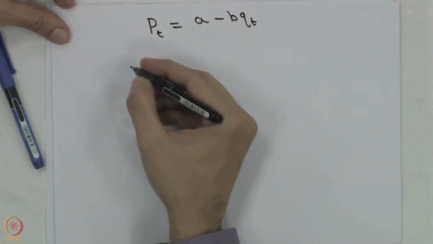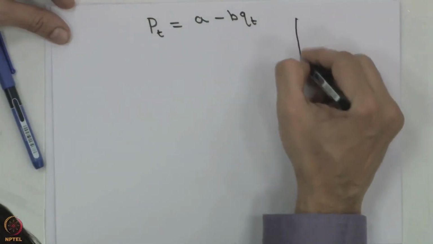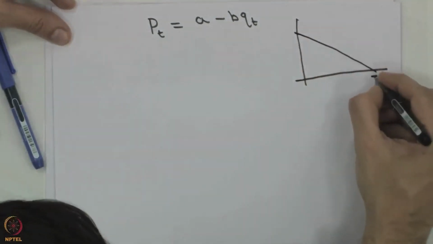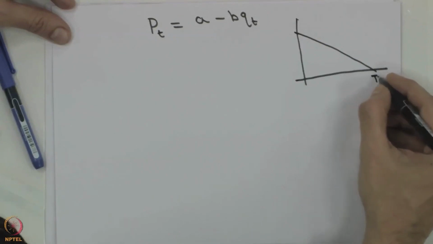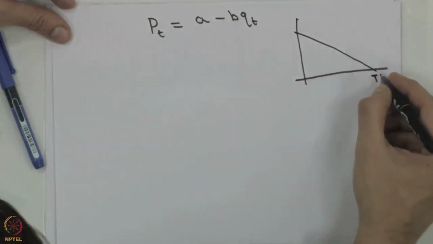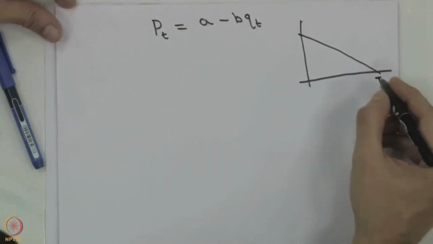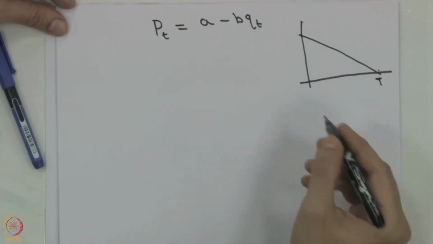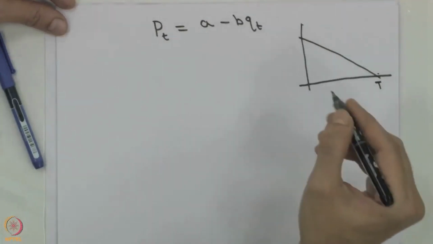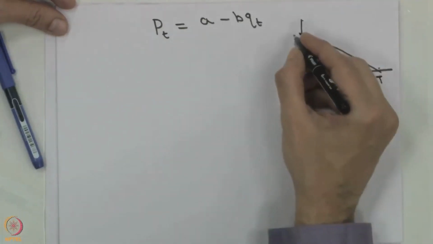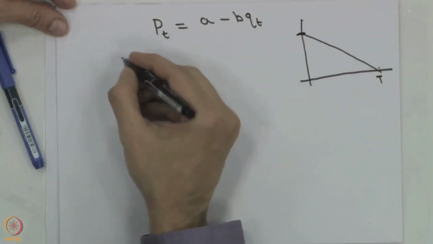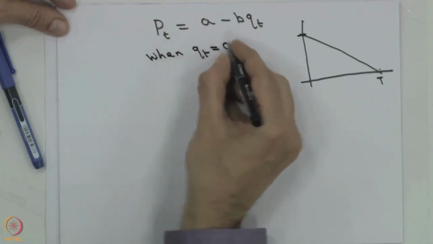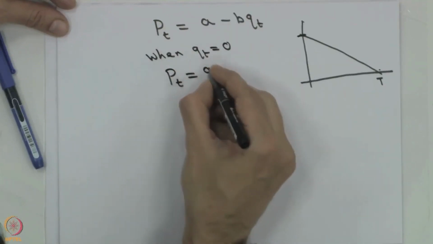Now, we were looking at a situation where Qt will be equal to 0 at some time, and at that time, when Qt is equal to 0, the price Pt turns out to be A.